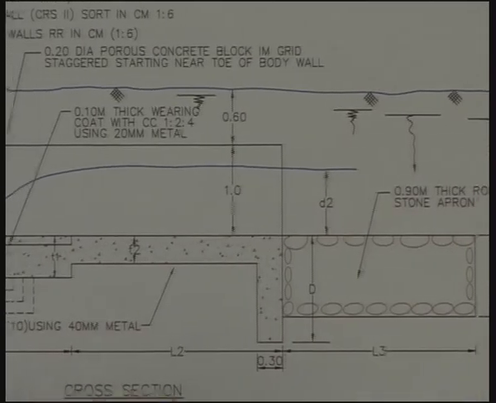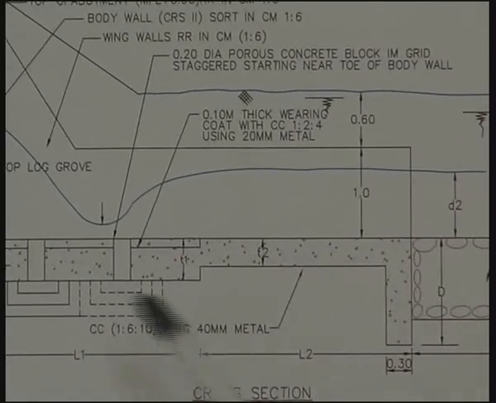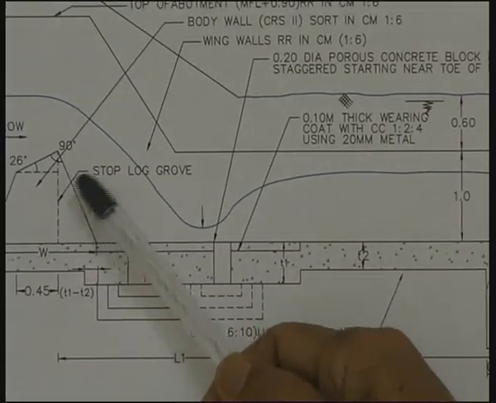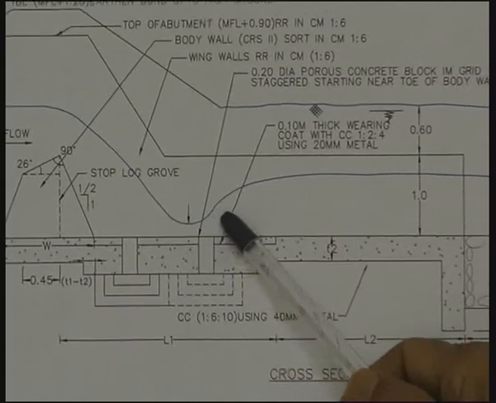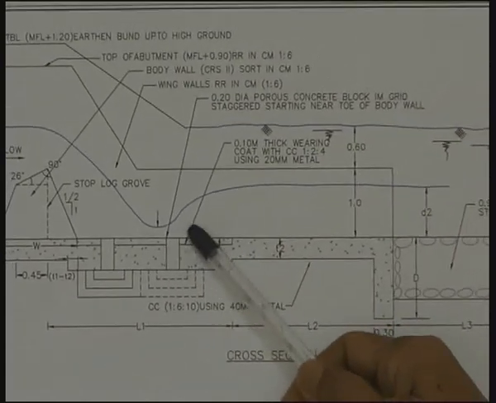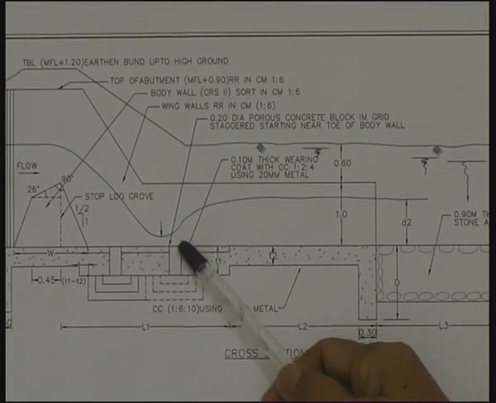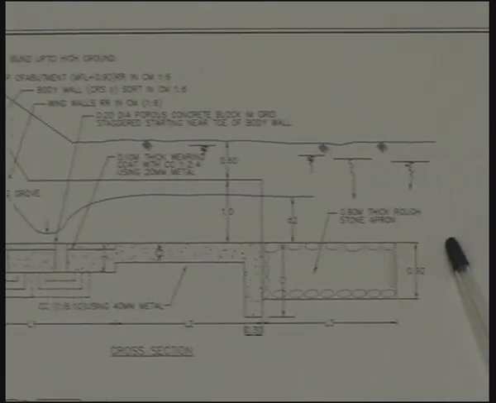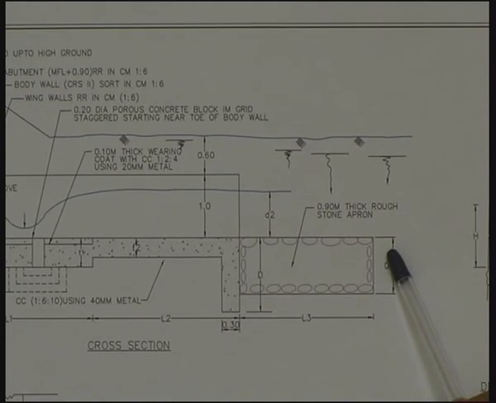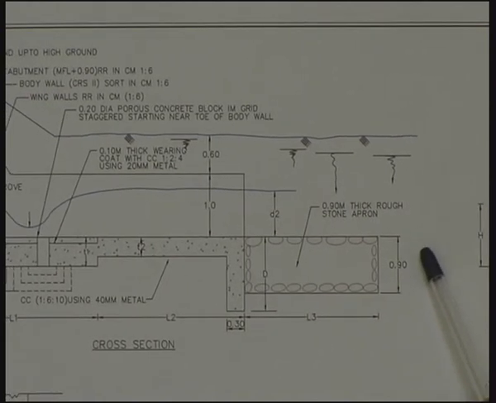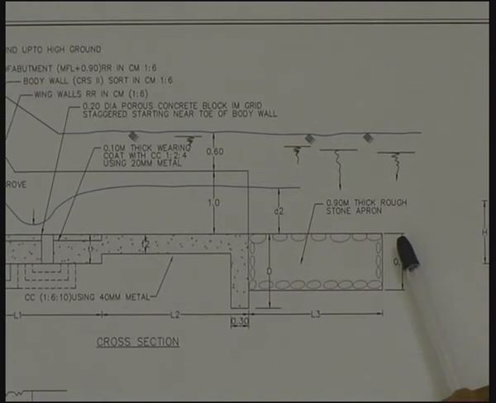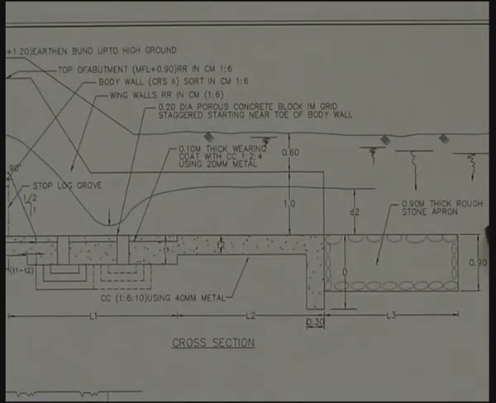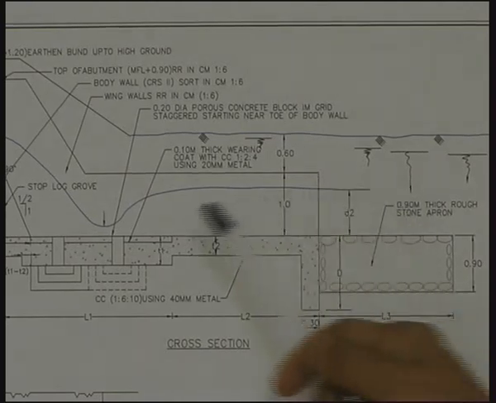The idea of all these aprons is to see that when water overflows over the body wall, the energy of the falling water is dissipated properly, and the downstream of this structure is quite safe and will not get eroded due to the flow of water coming from the structure.